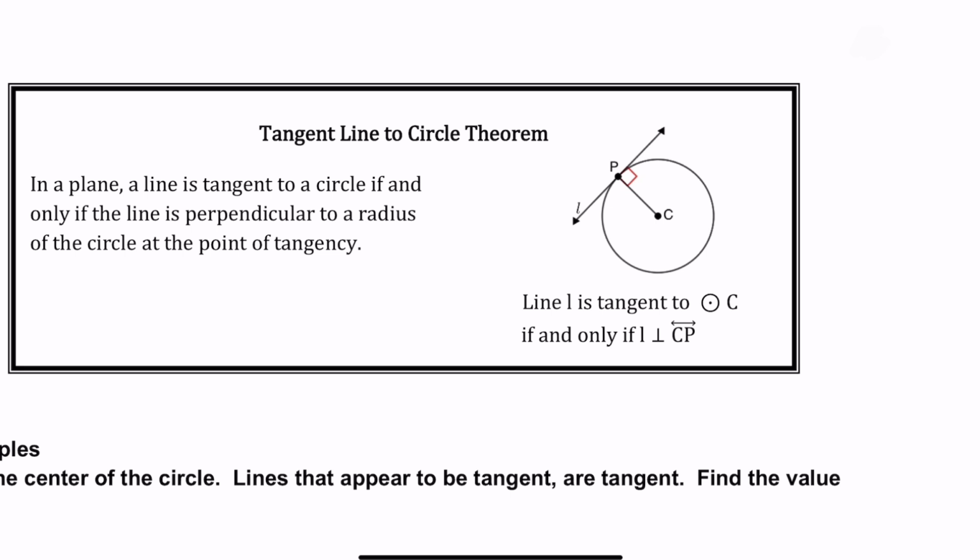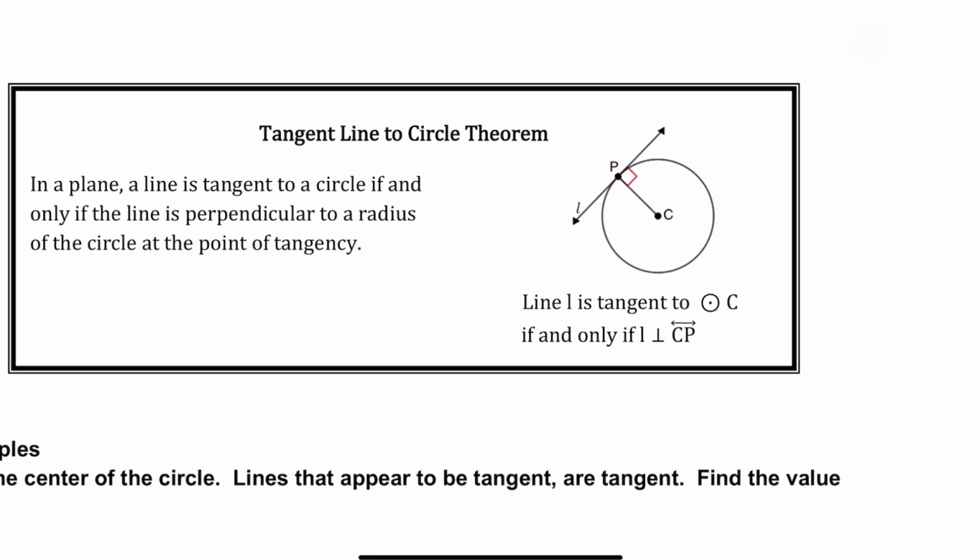So if a line intersects the circle in only one point, it will always make a 90-degree angle with the radius. Also, if you have a 90-degree angle to the radius, this is going to be a tangent line. So both ways it works. That's what the if and only if means.